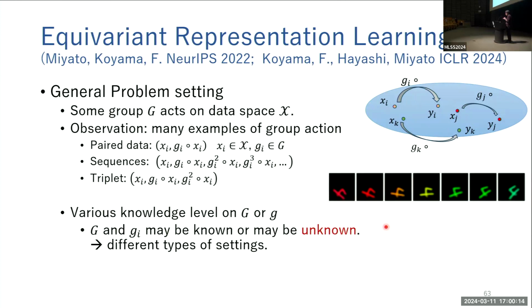There are various knowledge levels on such a group G or the element small g. In some cases, starting from the next slide, we do not assume any knowledge about the group G or element g. The assumption is simply that some unknown group is acting on the space, and that drives the sequence. Even in such cases, knowing that the sequence is driven by a group, we can extract some useful information.